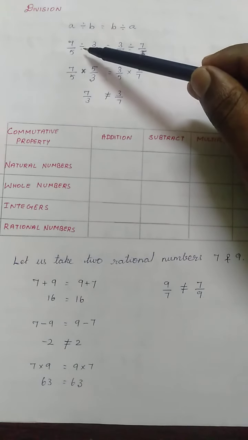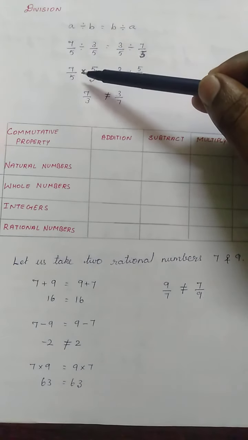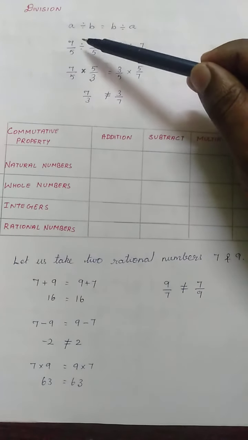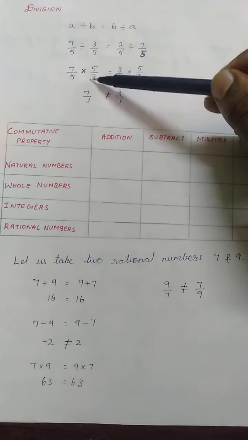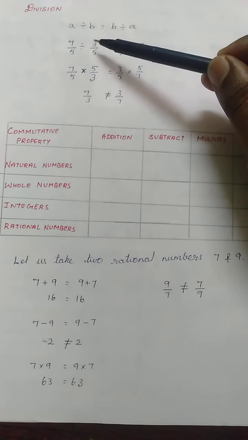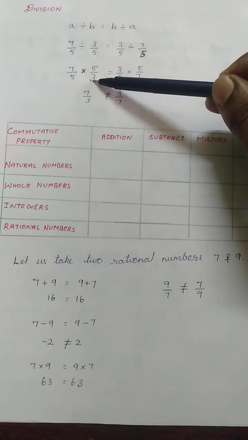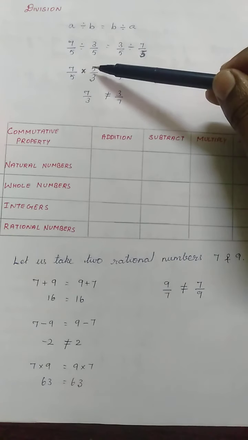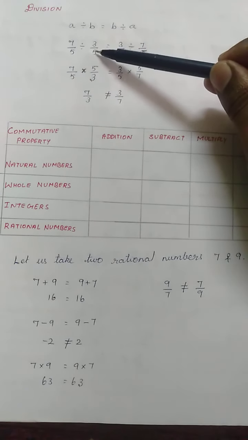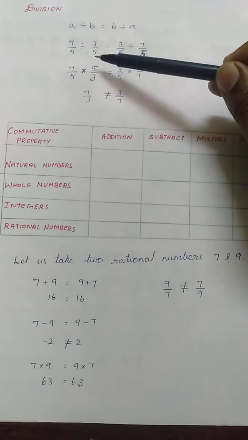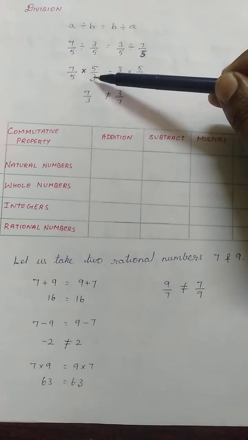This division symbol we can't do anything with, so we are going to change it into multiplication. Then we take the reciprocal: the numerator will become the denominator and the denominator will become the numerator. So 3 by 5 is changed to 5 by 3.